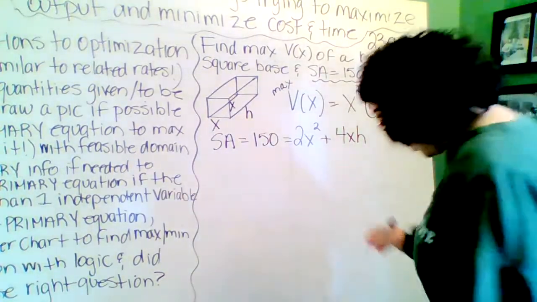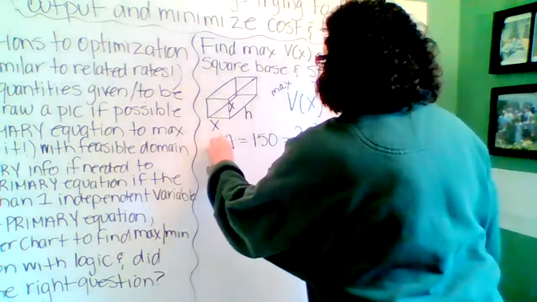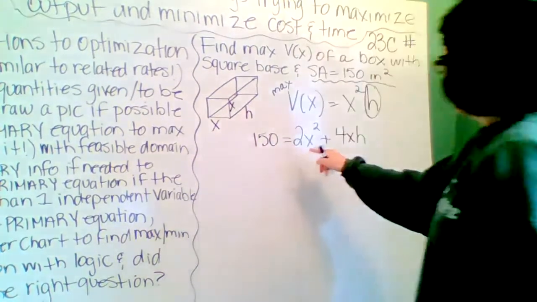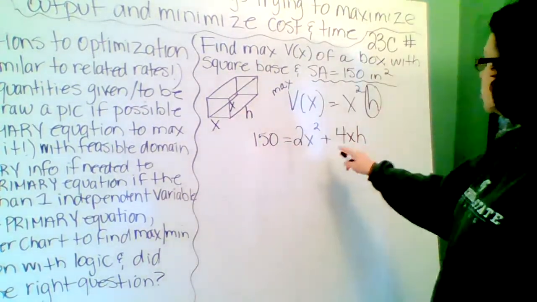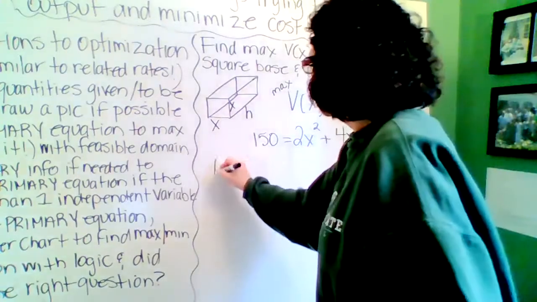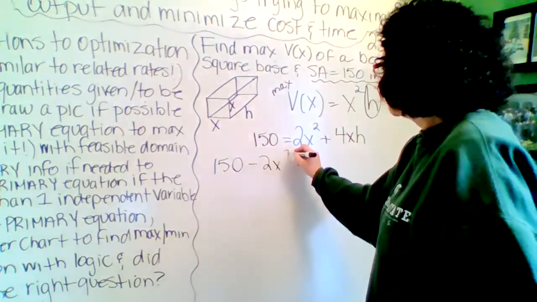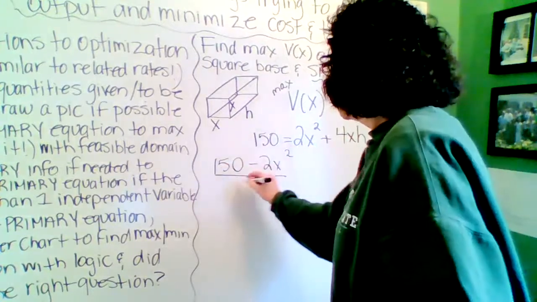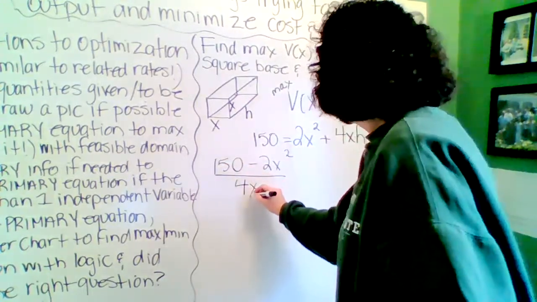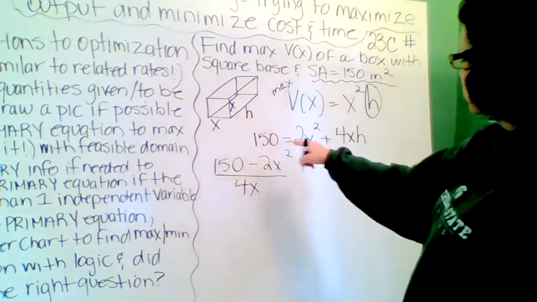So what I'm going to do here is work to get the H alone and then substitute it here. So that would be 150, and I'll subtract the 2X squared. And I will divide by 4X, right? So let me just make sure I did that right.